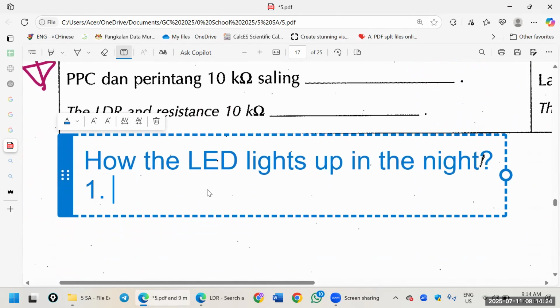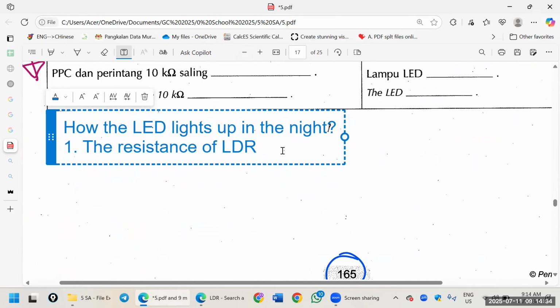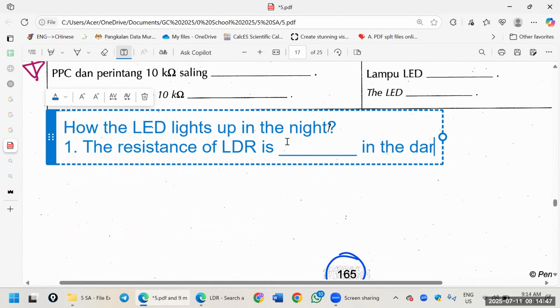We describe the resistance of the LDR. The resistance of the LDR is what in the dark?